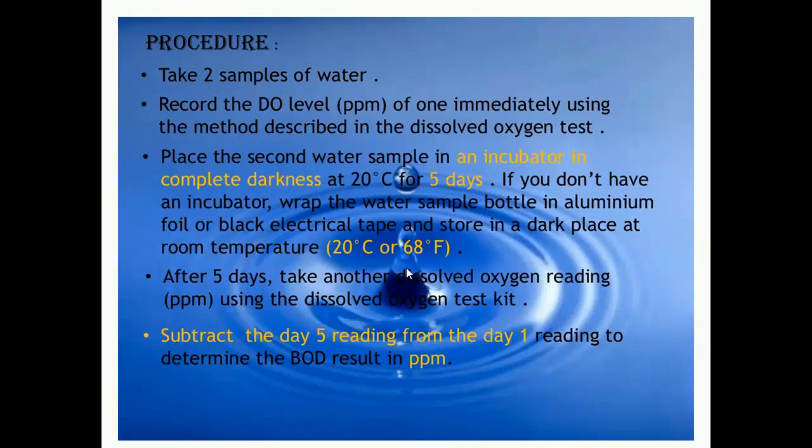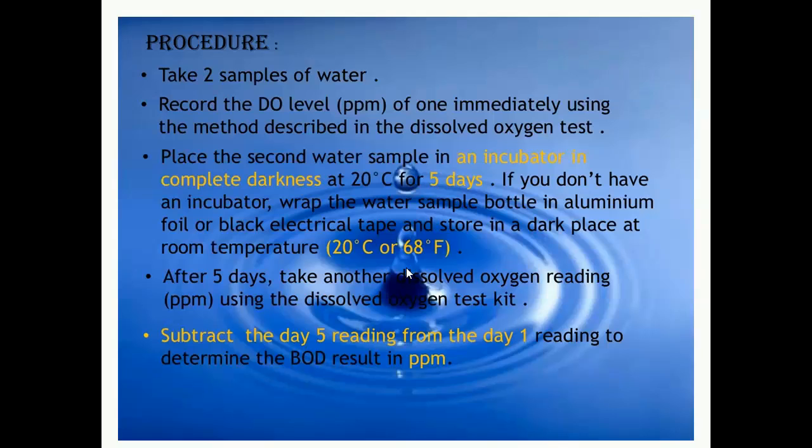We are taking 2 water bottles. One water bottle, immediately record the DO level, and the second water bottle, place in an incubator in complete darkness at 20 degrees centigrade for 5 days.